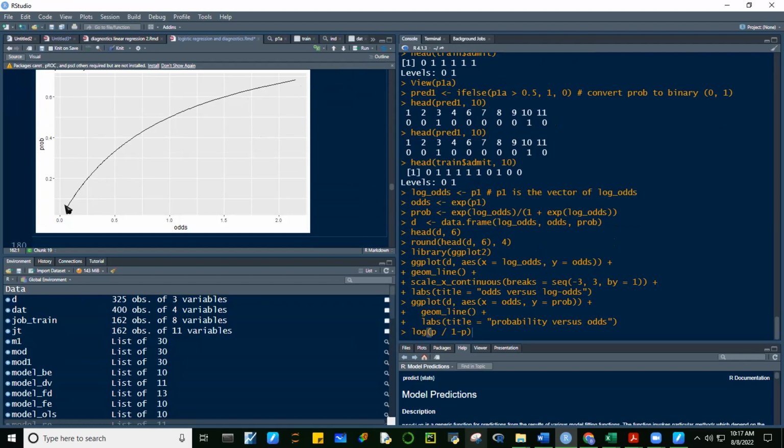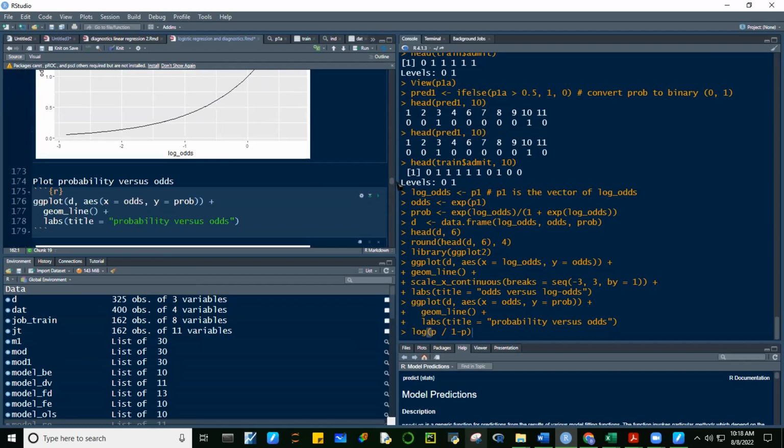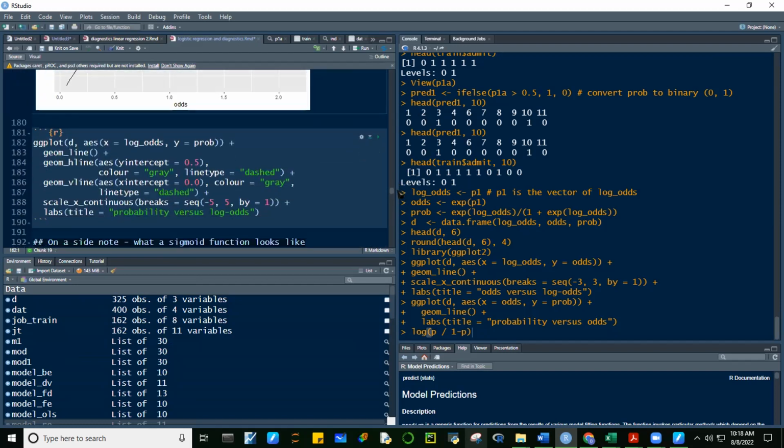Pero as odds increases, the probability of it keeps on increasing but already at a lower rate. No? So pinakita lang natin dito guys yung relationship ng log odds, si odds at saka si probability.